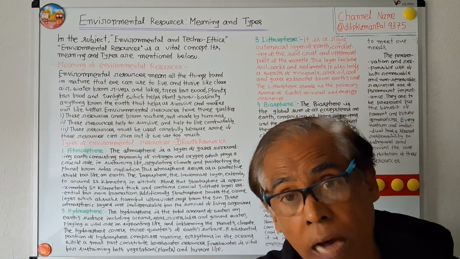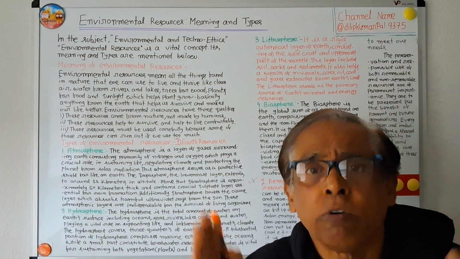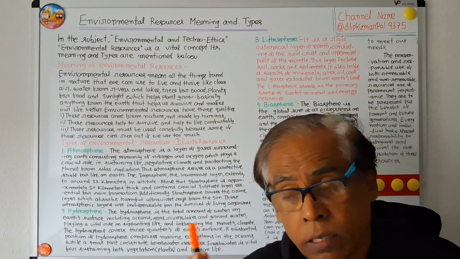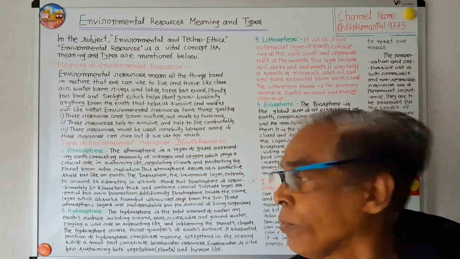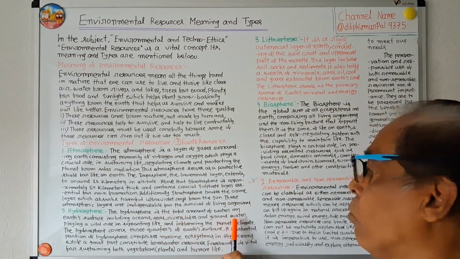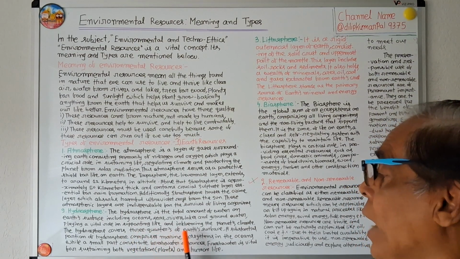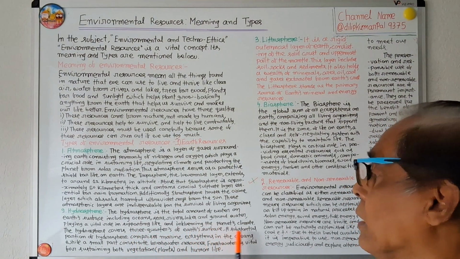Another category of earth resource is hydrosphere. Hydrosphere means the total quantity of water in the earth in ocean, sea, rivers, lakes and groundwater, which plays an important role in supporting and influencing the planet's climate.